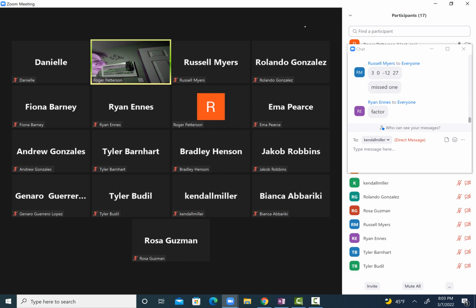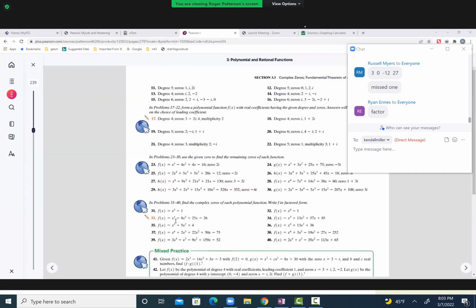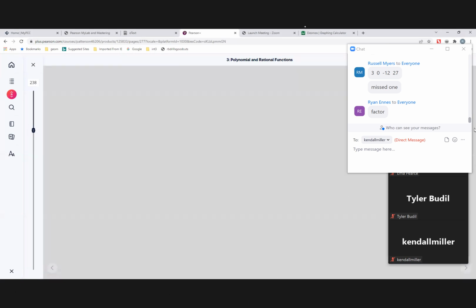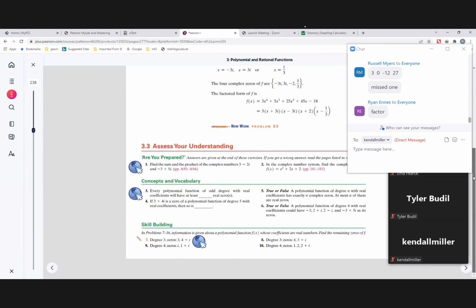Okay? So I want to talk about what these questions are asking you to do. So right here, it says for problems 7 through 16, information is given about polynomial functions whose coefficients are real numbers, find the remaining zeros of f. Here's my deal. I have a degree of 3.